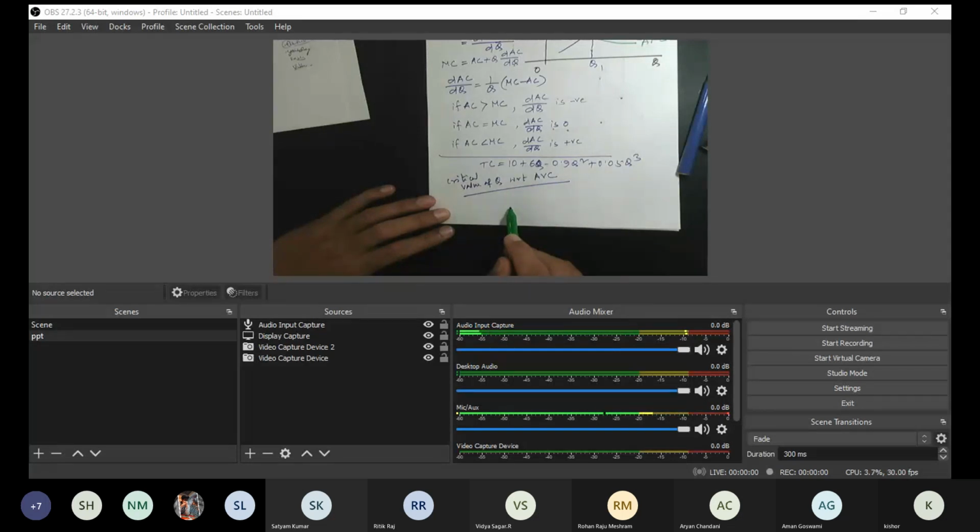Where do students make mistakes? Students many a time divide everything by Q. If you divide everything by Q, you are calculating AC, not ABC. AC and ABC are different. This is your TBC. ABC is equal to TBC divided by Q. You need to know the TBC.